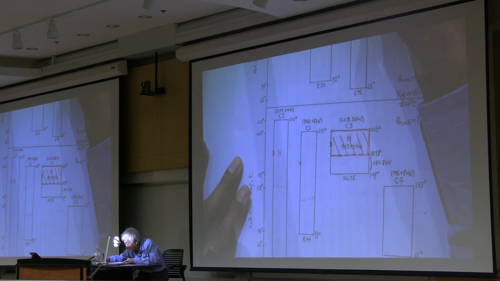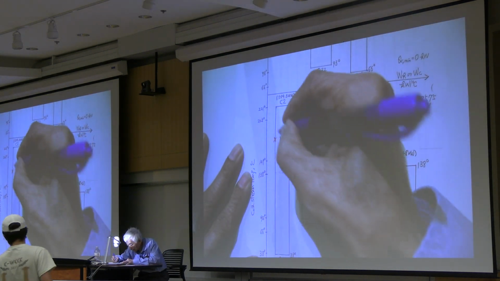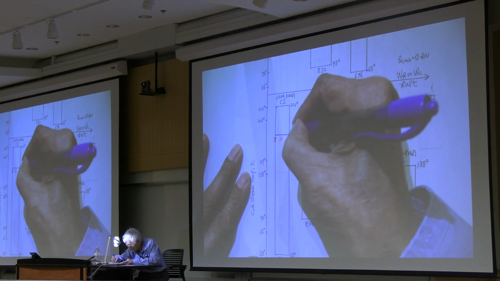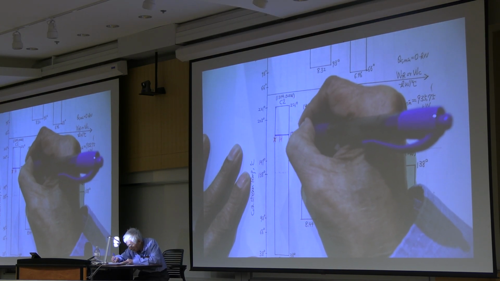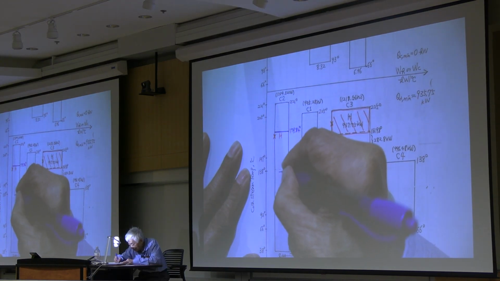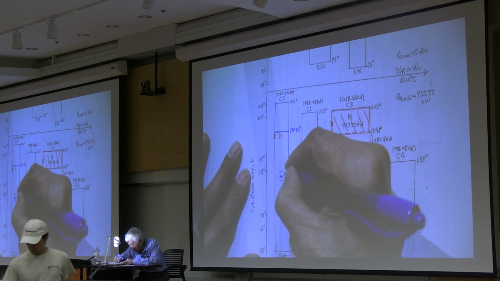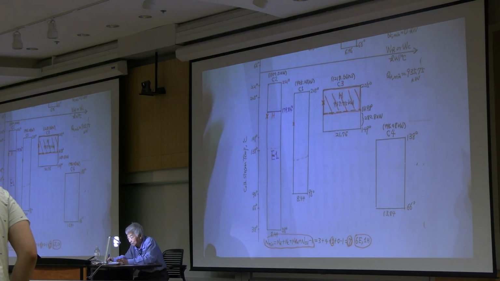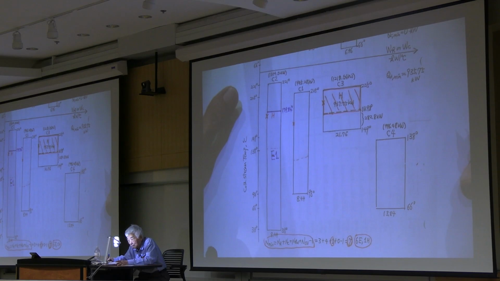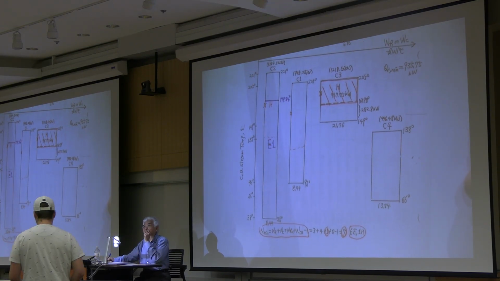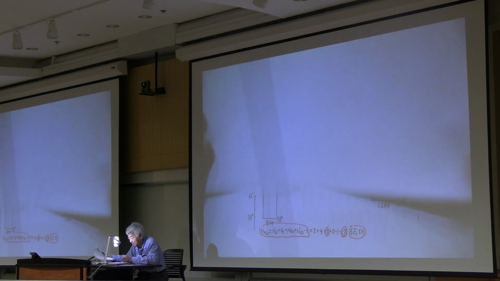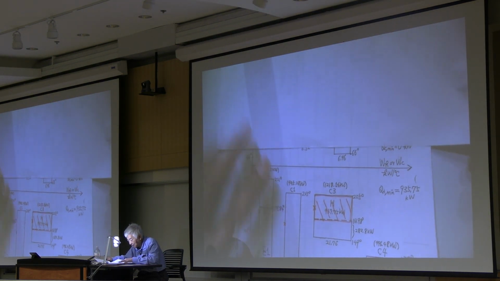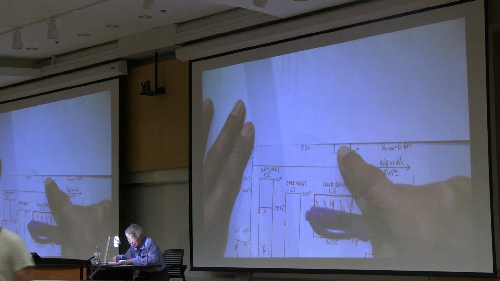So, 1197, I put a temperature here. This 179.84. E1. So, this follows the thermodynamics. Low temperature portion of cold stream exchanging heat with low temperature portion of hot stream, number one.